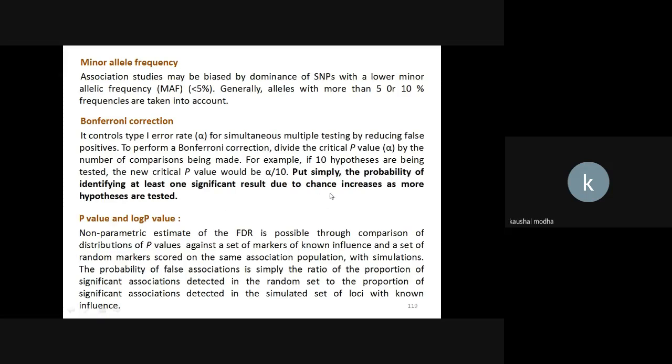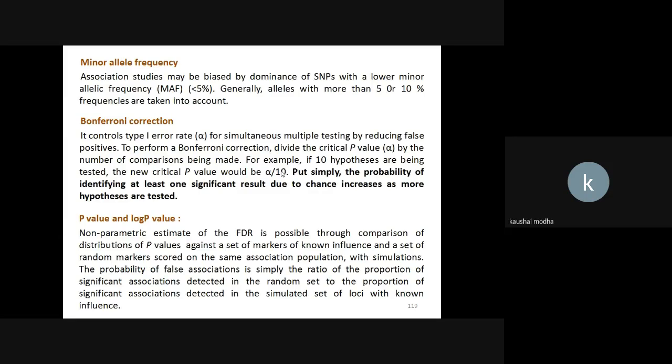It is not due to real differences. So when multiple hypotheses are tested, this type 1 error is divided by the number of hypotheses tested, and that is called Bonferroni correction. Because we want significant results due to real association, not due to chance association. So this correction is necessary.